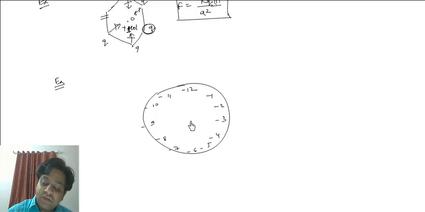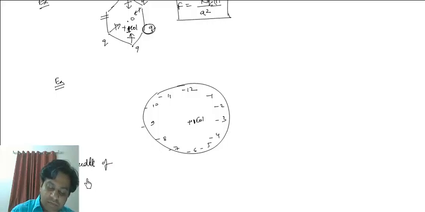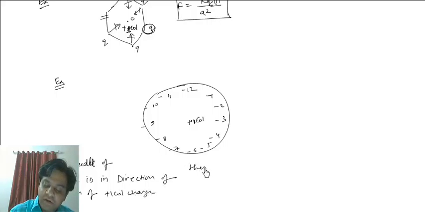So these are the 12 charges kept on the digits of the wall clock, and I keep a +1 Coulomb charge at the center. Now say that the hour needle of the clock is in the direction of motion of the +1 Coulomb charge, then find the time in the clock.